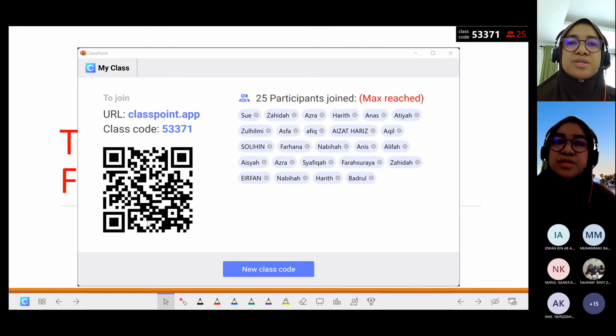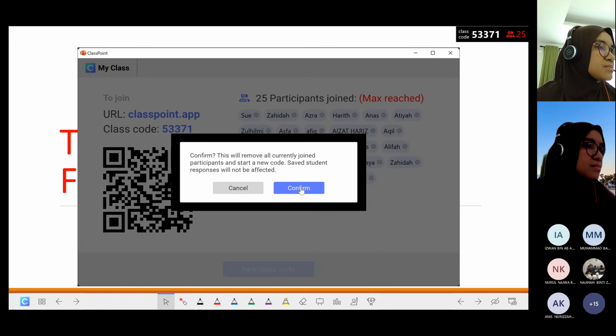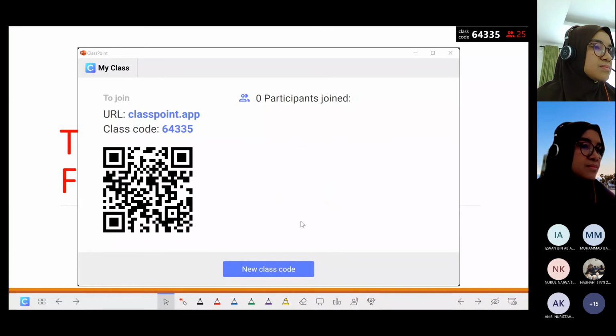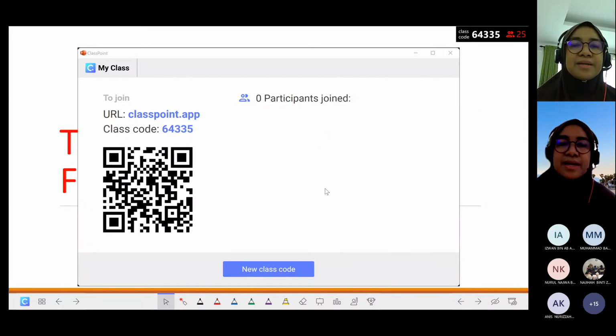Wait, I need to change to the new class. Maybe this is the previous class. Okay, now please scan the QR code again.